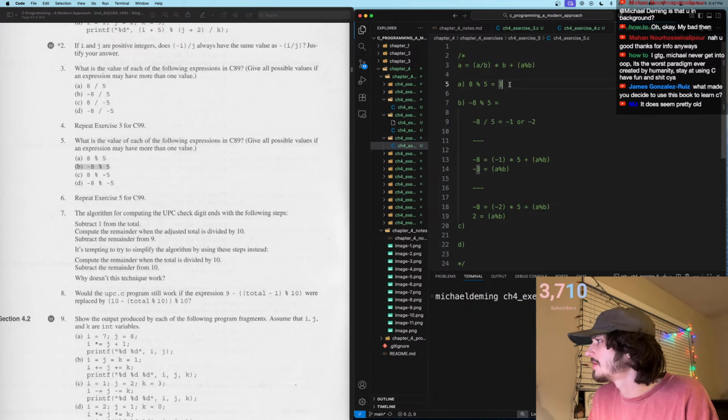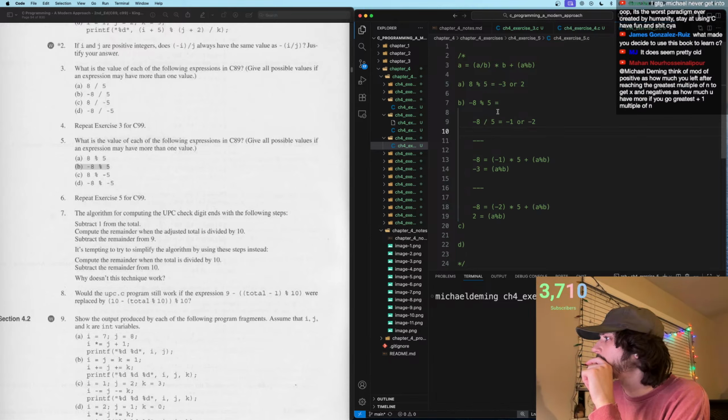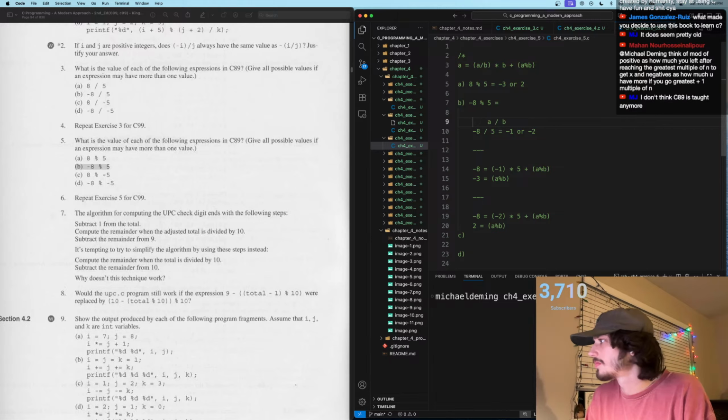Yeah, because it's 3, this will be negative 3 or 2. Nice. So this is just A divided by B here. Nice. All right, cool. That's that one.